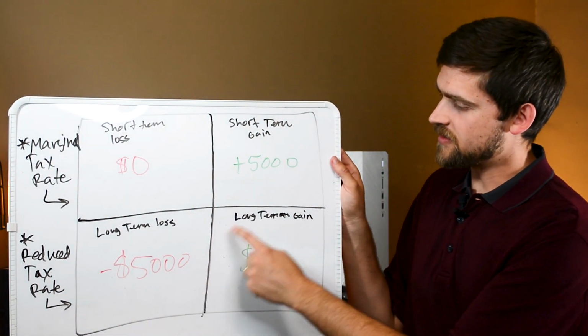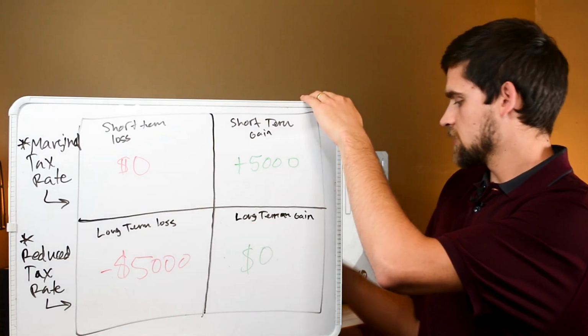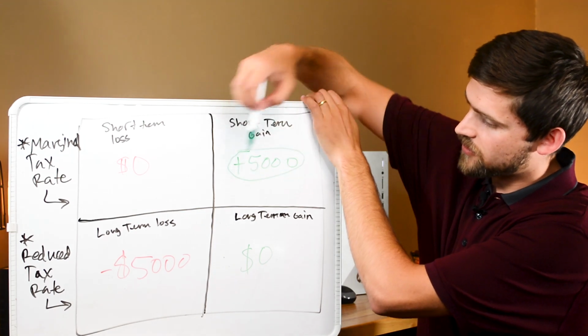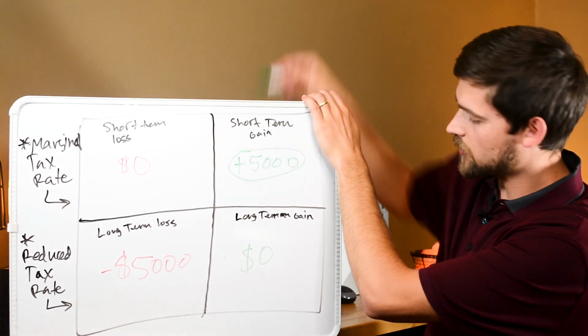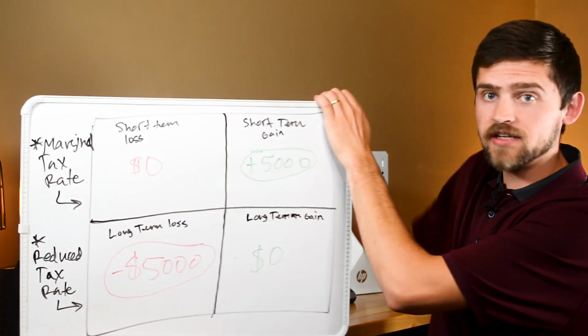So we add 0 plus 5,000. Remember, these two add together first, which means we have 5,000 here, and then we have negative 5,000 plus 0, which means that this is our number down here, right?